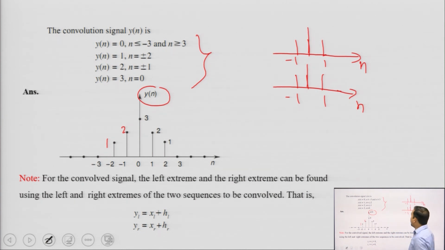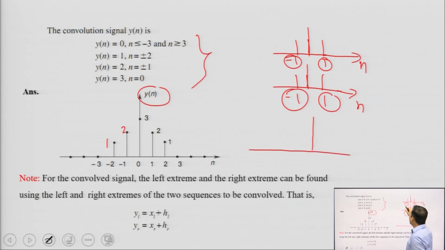Also, one important point here is that let us say the input signal is starting from -1 to 1, the second signal starts from -1 to 1, then definitely the output will start by adding the lower limits and the upper limits. So, if we add the lower limits, it will be -2, the upper limit it will be +2, whatever is the shape.